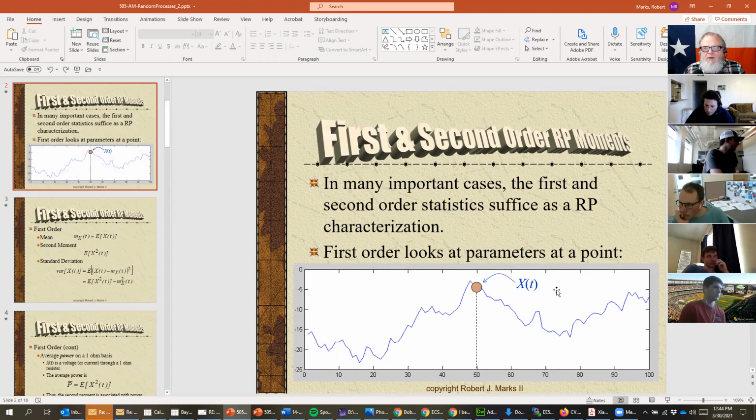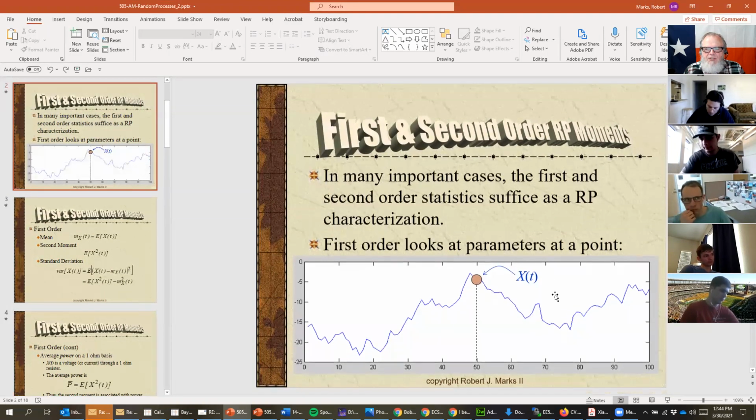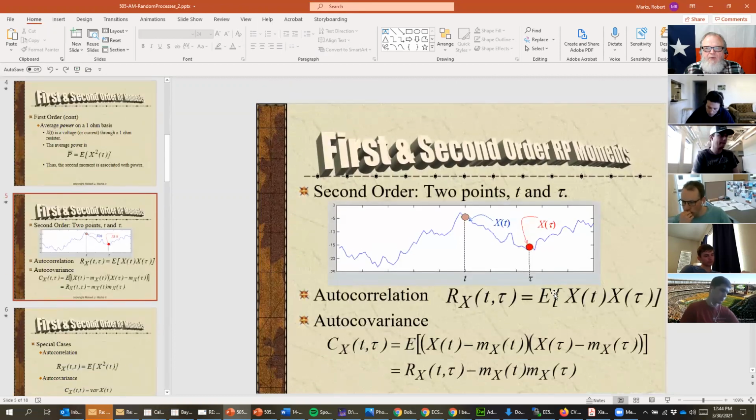But you know that one of these random variables might be related to another random variable. And that's something that we need to take into account. So therefore, we go into second order statistics, where you take two numbers, and these numbers are at t and tau.